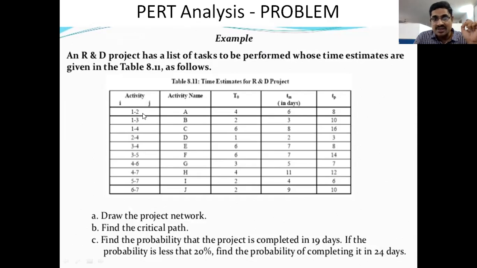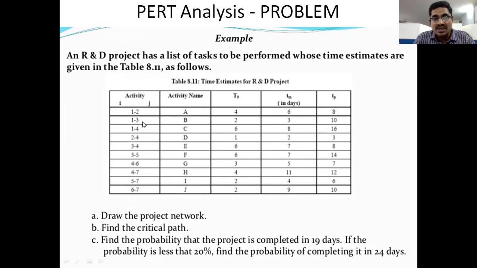So the 1 to 2 activity has 4 hours as the shortest time, 6 days as normal time, and 8 days as the maximum, longest time for completion of this activity. That's why all activities have different short times, normal times, and maximum or longest times.